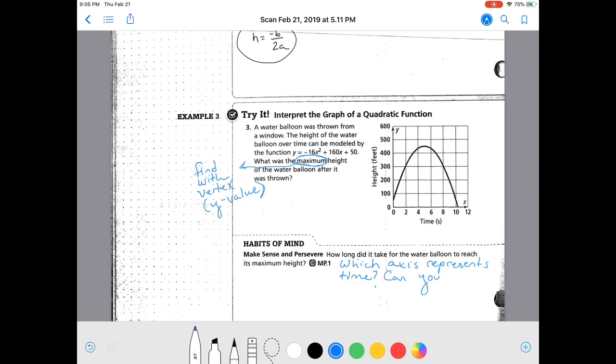Once you figure out this example number 3 and the habits of mind that go with it, I'm going to have the substitute hand out your worksheet. And that's going to be more practice on these concepts that we went over today and a little bit yesterday.